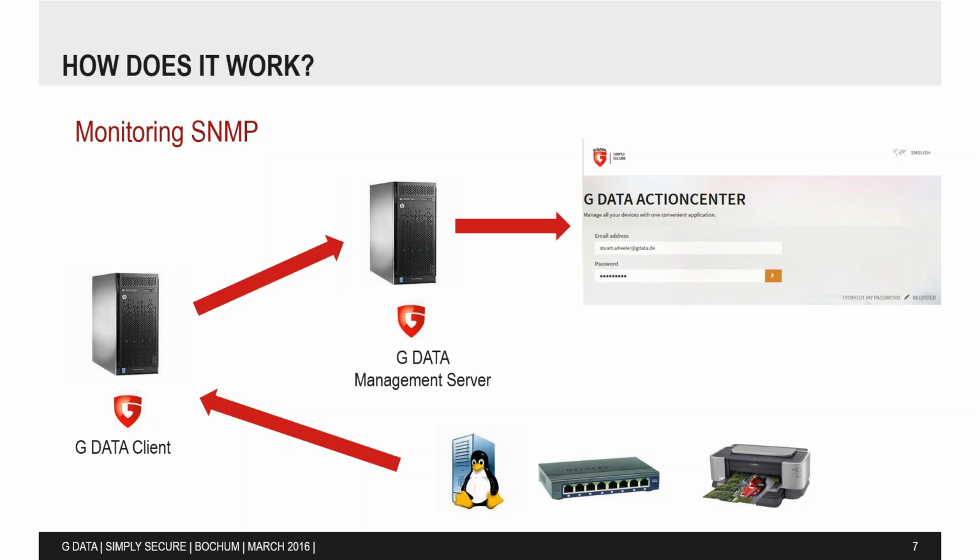With SNMP, this is a bit different. In theory, if you wanted to just monitor SNMP, you could install the GData management server and a single GData client on that network. From this single GData client, you could collect information from all of your hardware devices on that network.